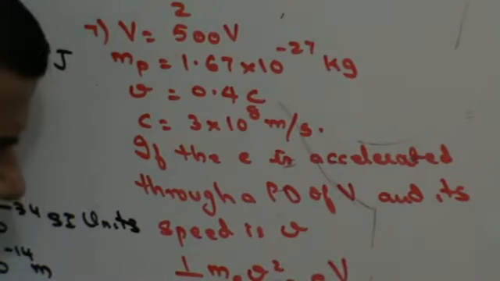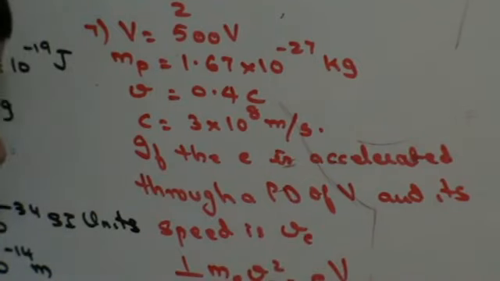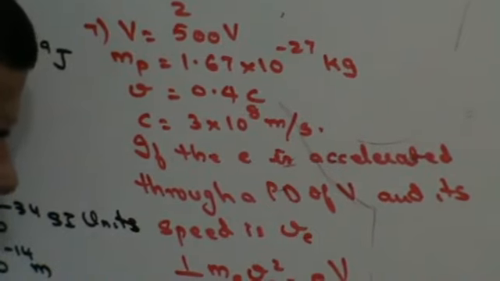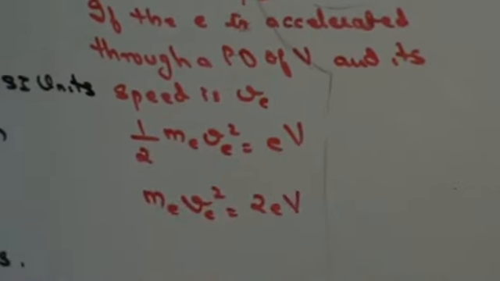That means I can say that mass of the electron into velocity of the electron square is twice eV.